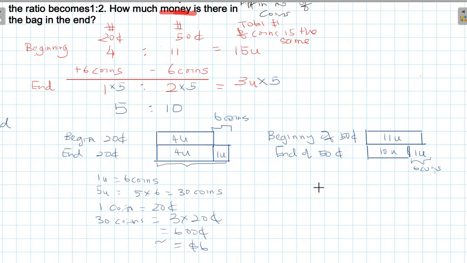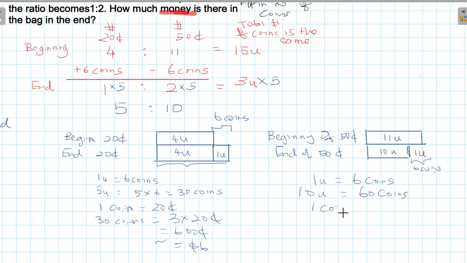So over here is actually also 1 unit equals to 6 coins. So I have how many units in the end? I have 10 units in the end. 10 units will give you 60 coins.